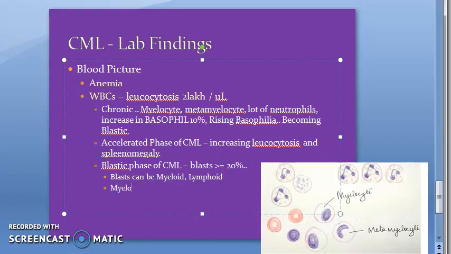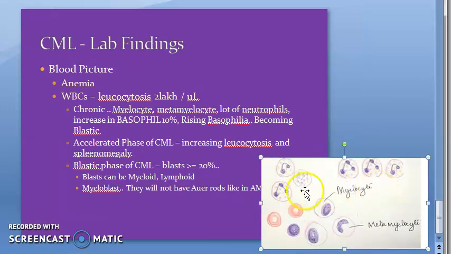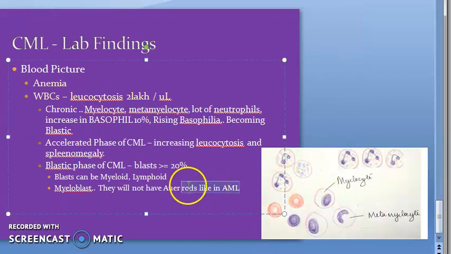Now, if there are myeloblasts, they will not have Auer rods like in AML. In AML, they will have Auer rods, right? In acute condition, they will have Auer rods.